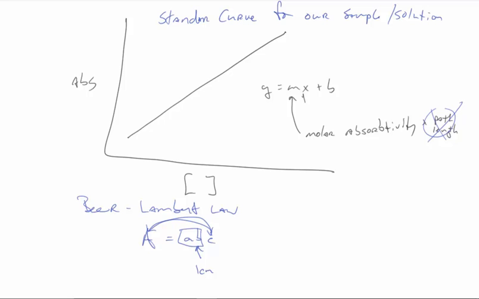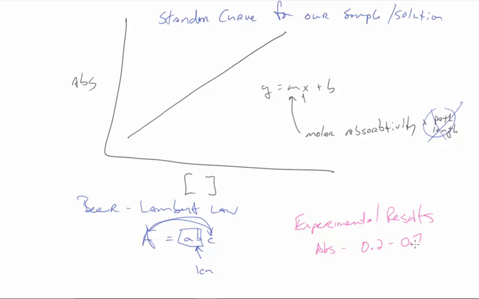And then one last thing before we leave you here: for our experimental results, there is a range of absorbance values that we want to try and stick between. Generally we want it between 0.2 and 0.7.